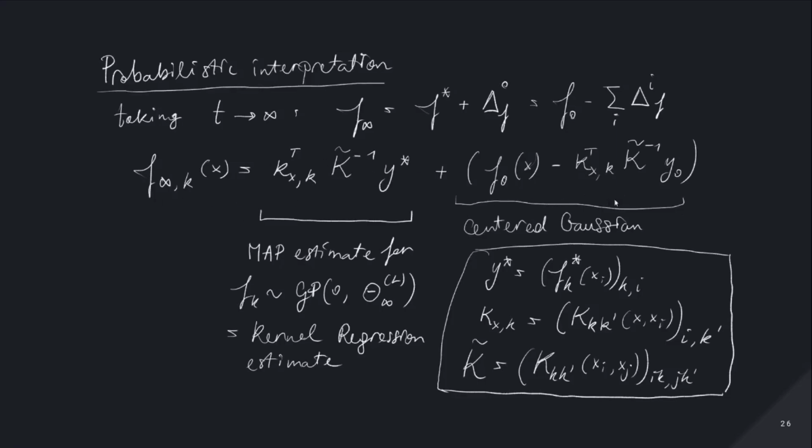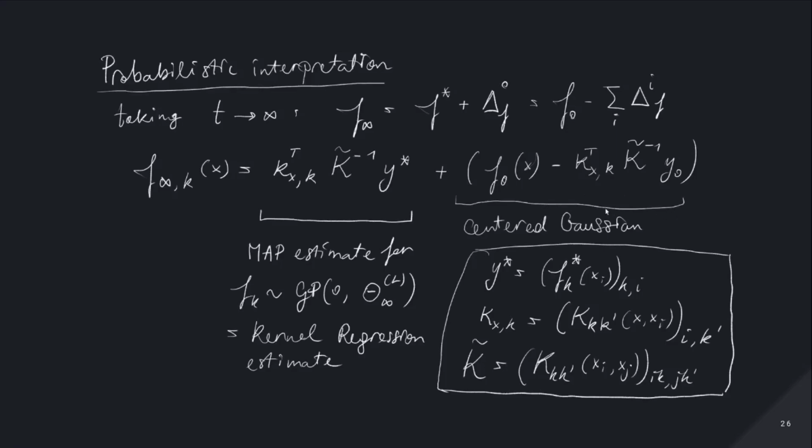And so what this decomposition tells us is that as we go to infinity, we get the maximum a priori estimate from taking a prior f_k in a Gaussian process with the kernel. And so this thing is just a Bayesian estimate, or also the kernel regression estimate with respect to my f star, plus a centered Gaussian process.